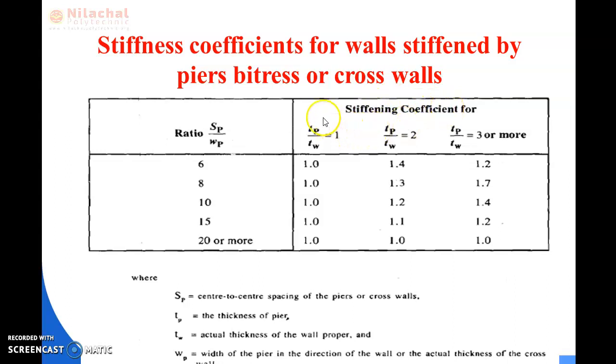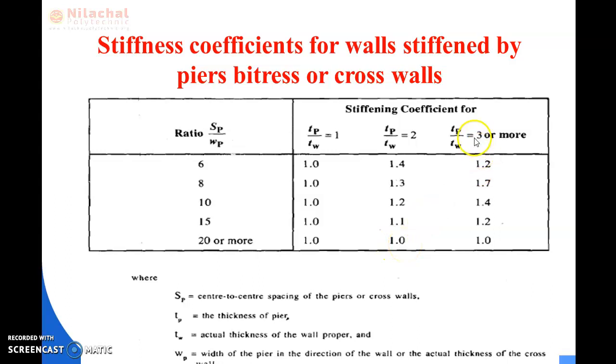For the first condition, that is TP by TW equal to 1, for ratios 6, 8 and up to 20, we will take 1. If TP by TW is equal to 2, then for 6, 8, 10, 15 and 20 we will take 1.4, 1.3, 1.2, 1.1 and 1.0.